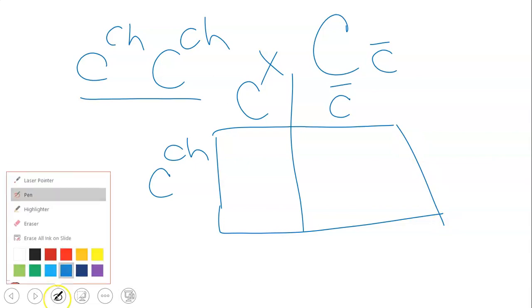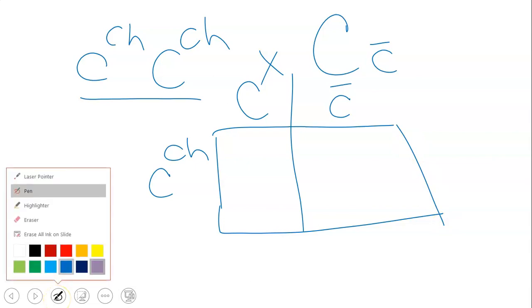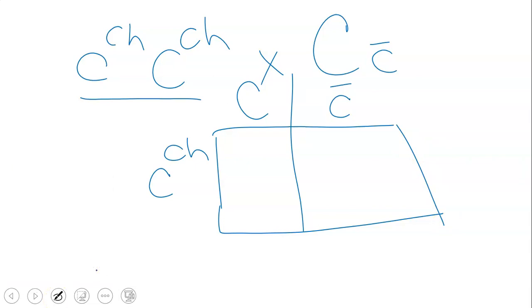Okay, so now inside my box here, my first one is going to be, I'm going to put the capital letter C before the C^ch because we know that brown is dominant to chinchilla. So that brown allele, capital C, is dominant to the C^ch allele. That would be a brown rabbit.